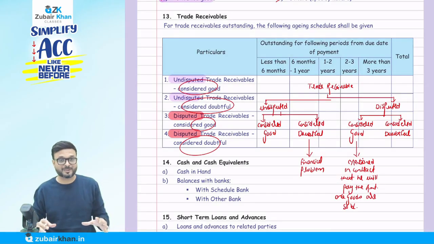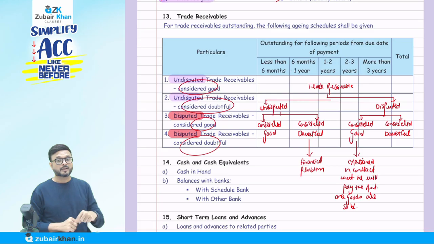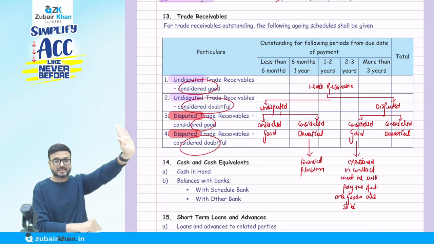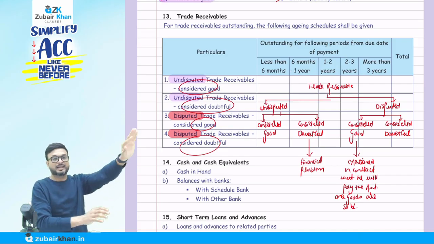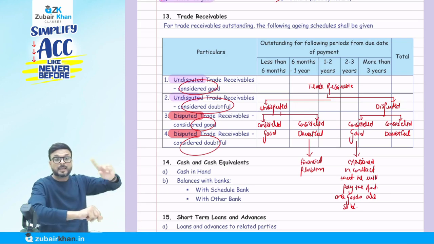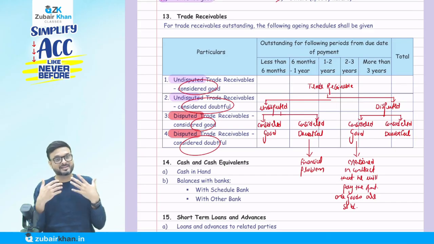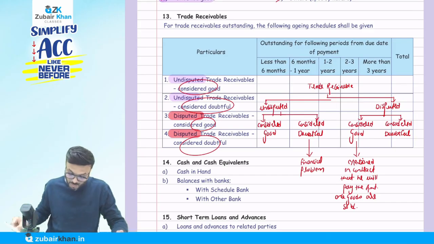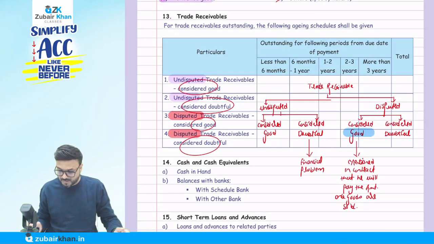I'm just giving an example. It is mentioned in the contract that he is going to pay you once the goods are sold. Then I will say that you accepted the contract, and when the goods title has been transferred to you, you have to pay me. The dispute is a different thing, but it is mentioned in the contract that you are going to pay me. So disputed but considered good is something not normal. Anyway, disputed and considered doubtful is logical.